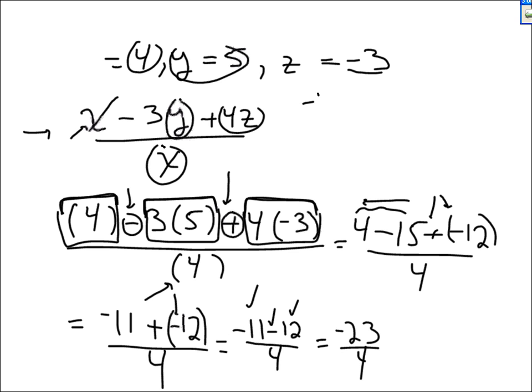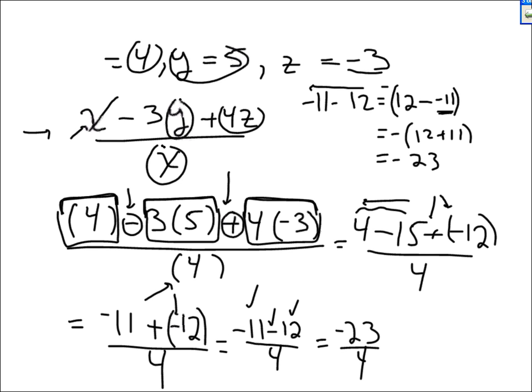If you like, the way I taught you before is to read this backwards, so it becomes 12 minus negative 11 with a negative sign in front. And since this number is not 12 minus 11, it must be 12 plus 11. 12 plus 11 is 23 with the minus in front, negative 23.